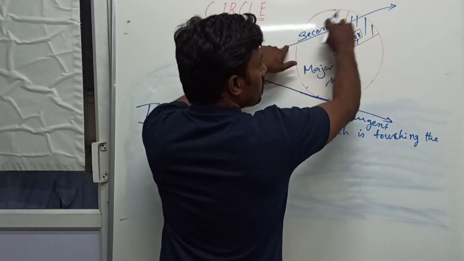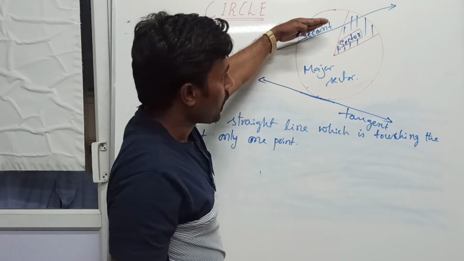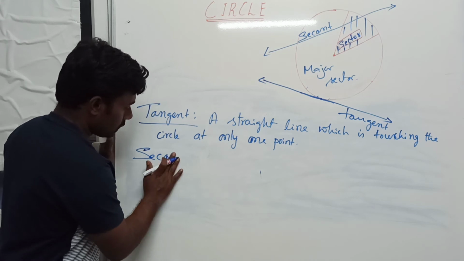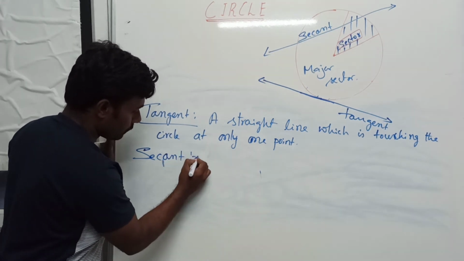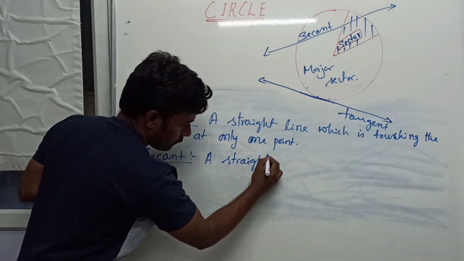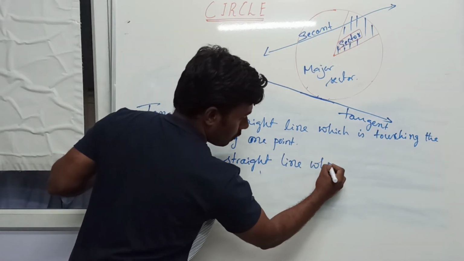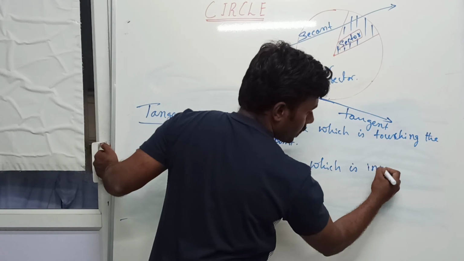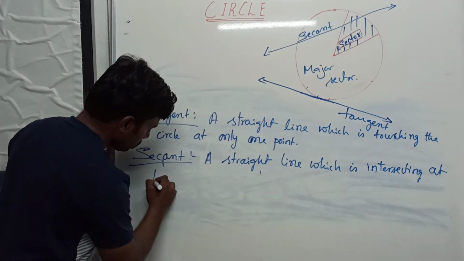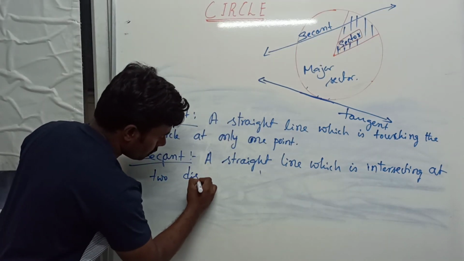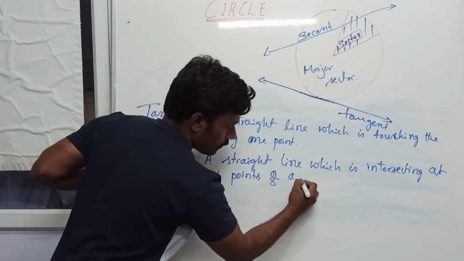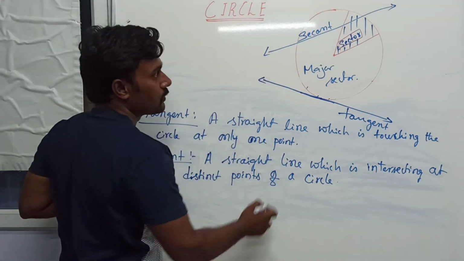Therefore, the line is called a secant, S-E-C-A-N-T. A secant is a straight line which intersects a circle at two distinct points.